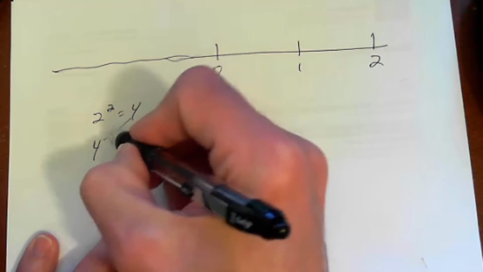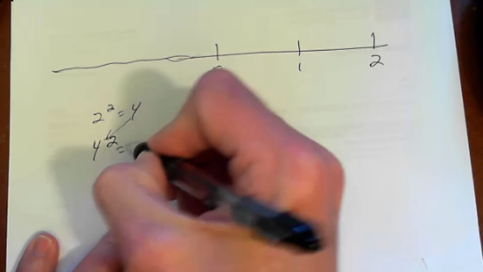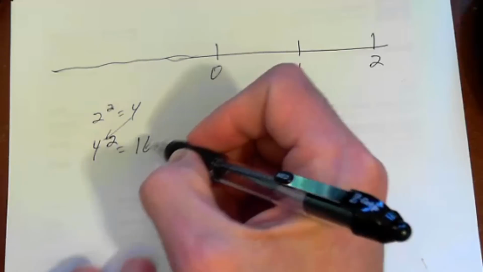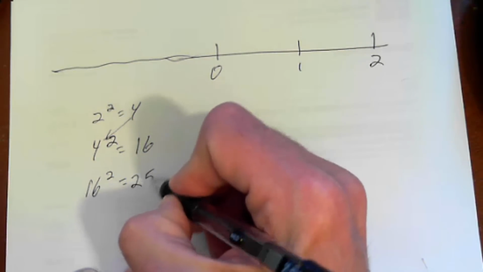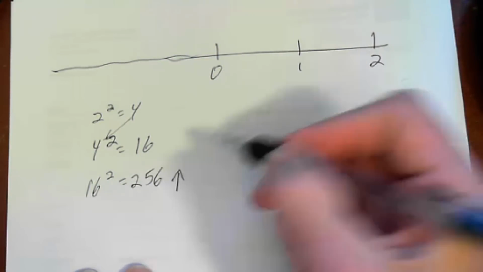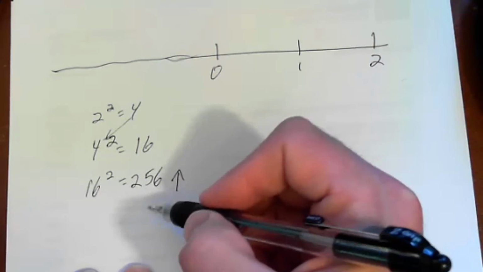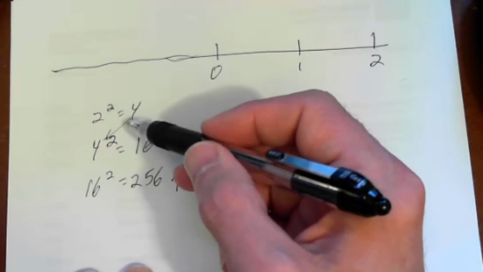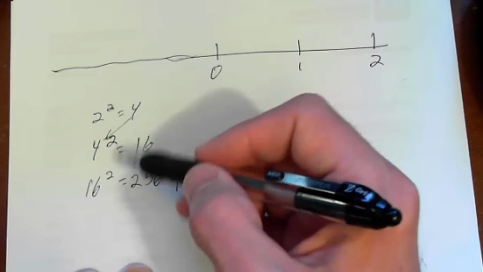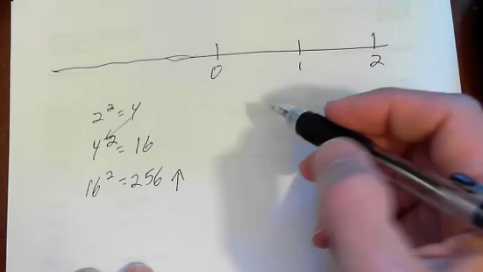And then I take that number and square it. 4 squared equals 16. If I take 16 squared, that is 256, and it's going to just keep getting bigger as I keep squaring it over and over again, and this is called iterating. I'm taking the same number and putting it back into the formula.